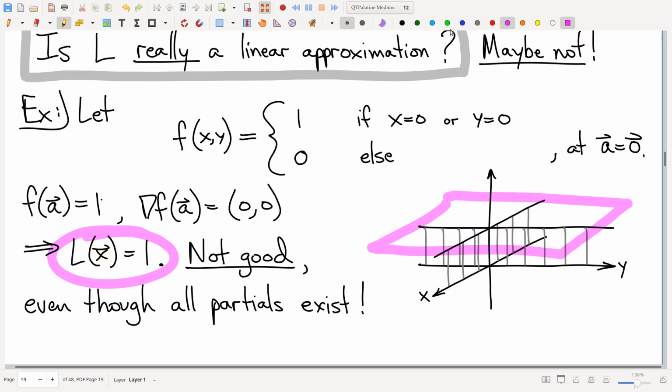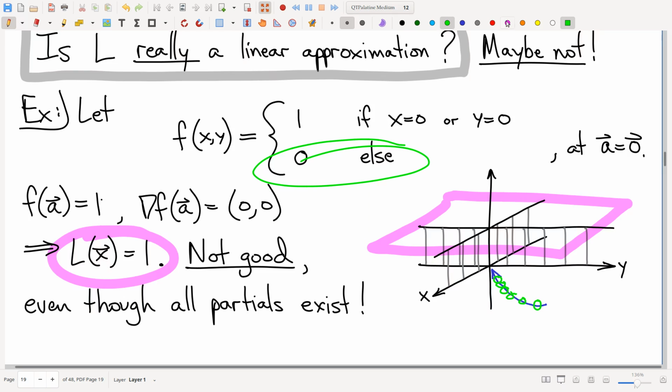It's hilarious. If I approach the origin, let's say through the xy plane, kind of coming at it from some angle like that, well, the value of the function, that whole way, is 0. It's all zeros. That's what the actual function is, all zeros.